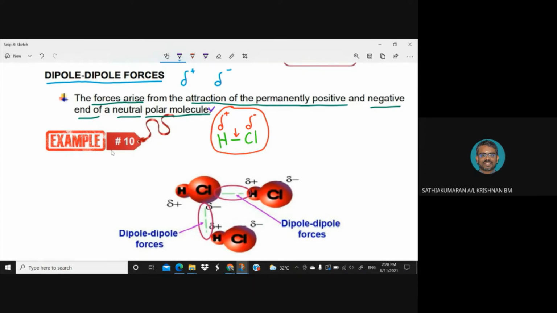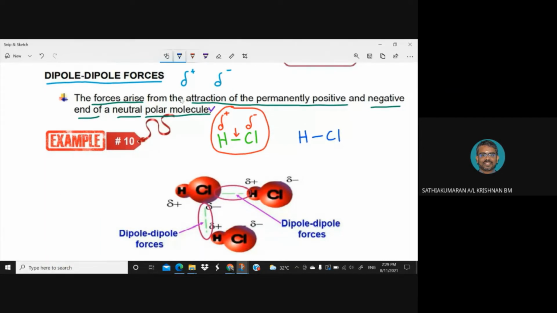But dipole-dipole forces do not occur yet. What is the meaning of intermolecular forces? Between two molecules. Now I only have one molecule, so I need another HCl molecule.